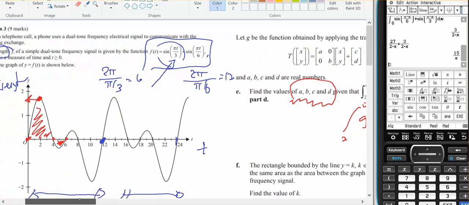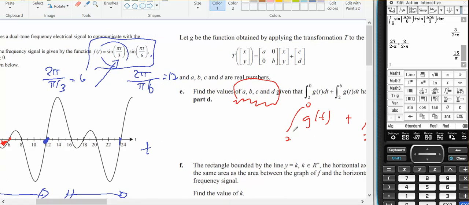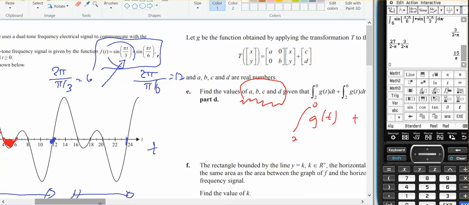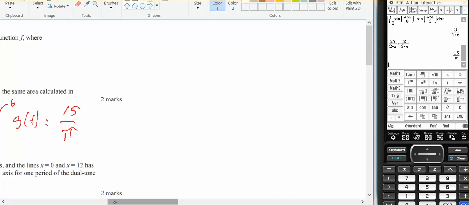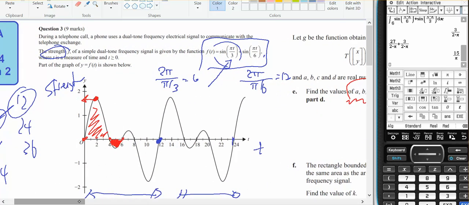Now, I've got some reflections and translations happening here. So notice that the smaller one would be down here, and the smaller one is from 0 to 2, and the larger one is from 2 to 6. So I'm thinking if I reflected this over the y-axis, then it would look like that.